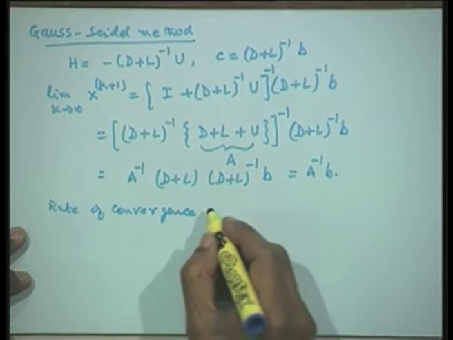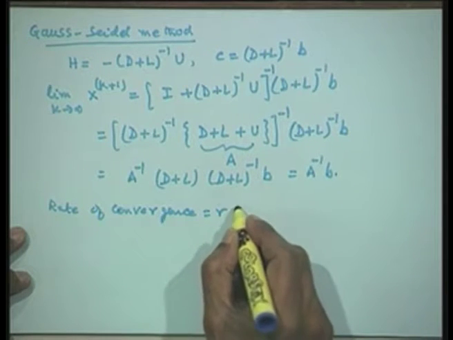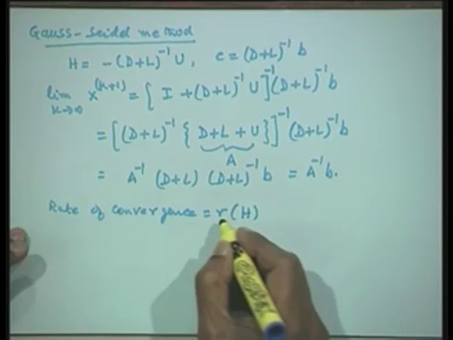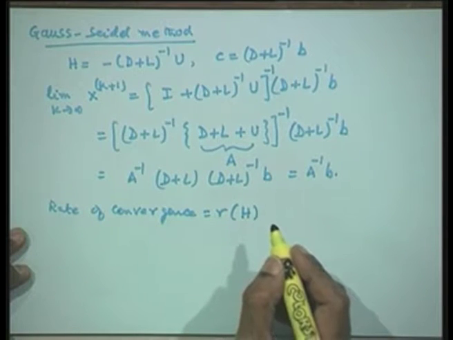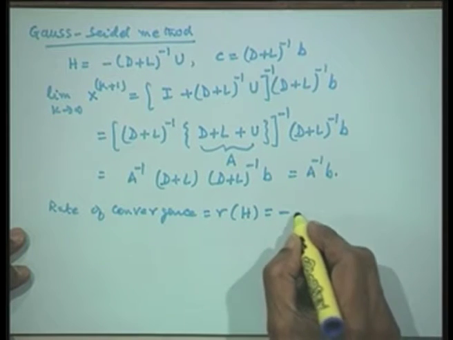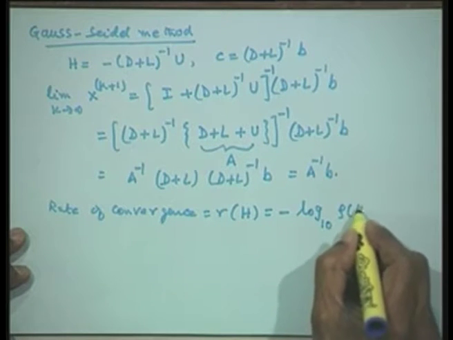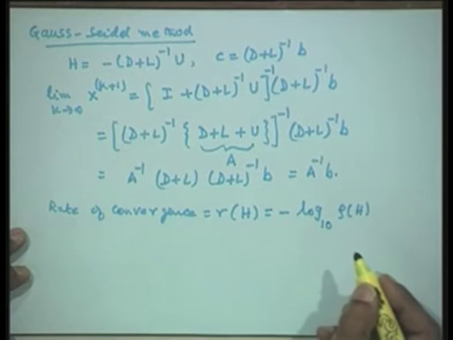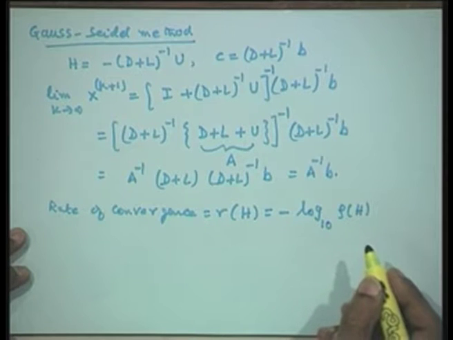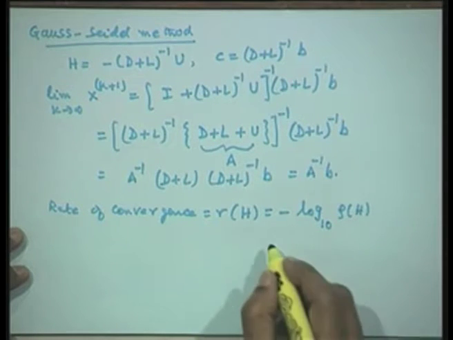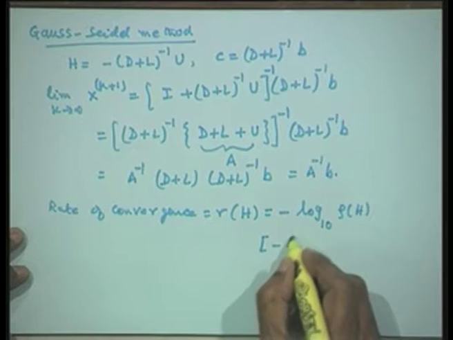Rate of convergence is usually referred to as R of H, where R is for rate of convergence and H is the iteration matrix, defined as minus logarithm base 10 of the spectral radius of H.